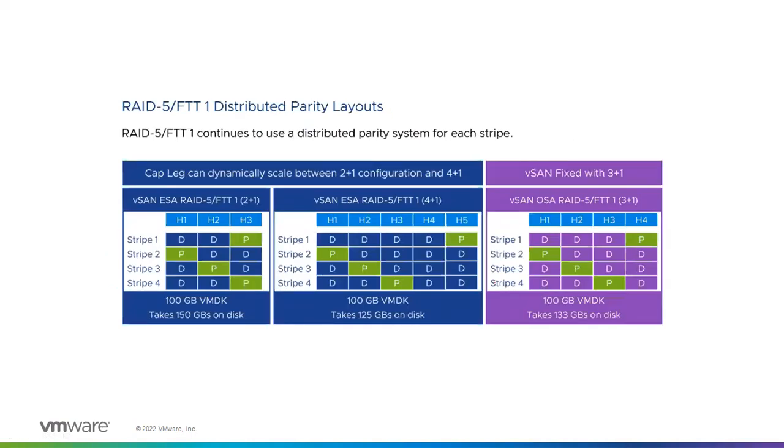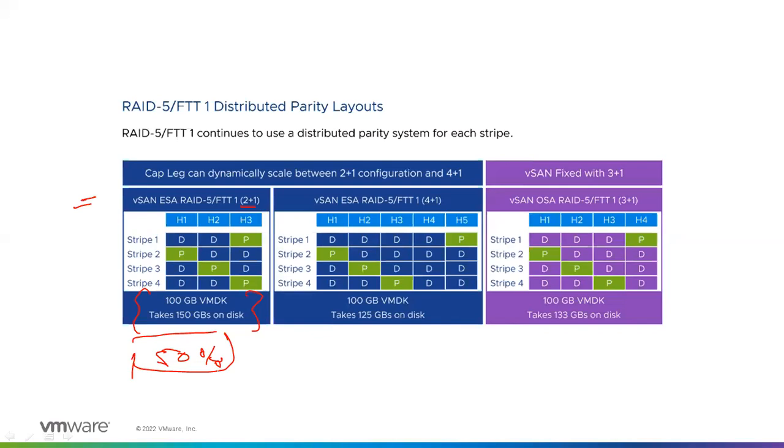Again, it's a distributed parity architecture that we have talked about. When we go with RAID 5 FTT1 2+1, the data parity is taken care of. So in the 2+1 architecture, how much overhead will come? 50%, right?